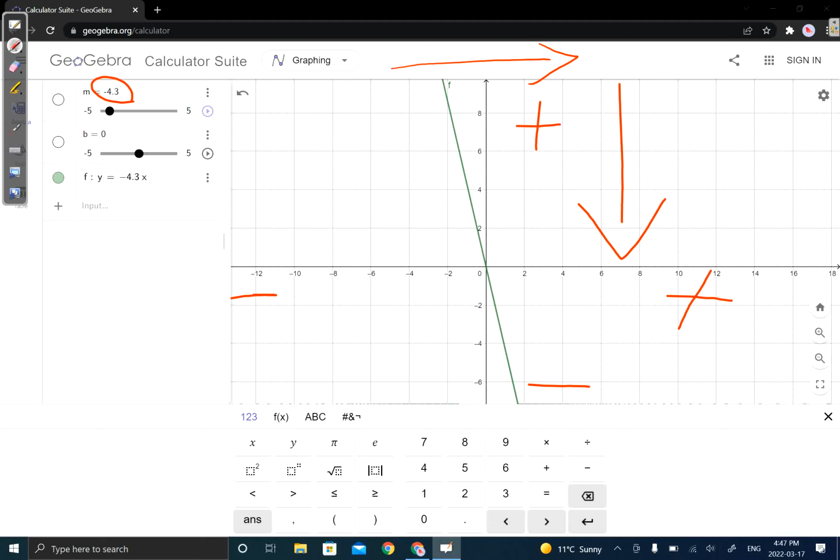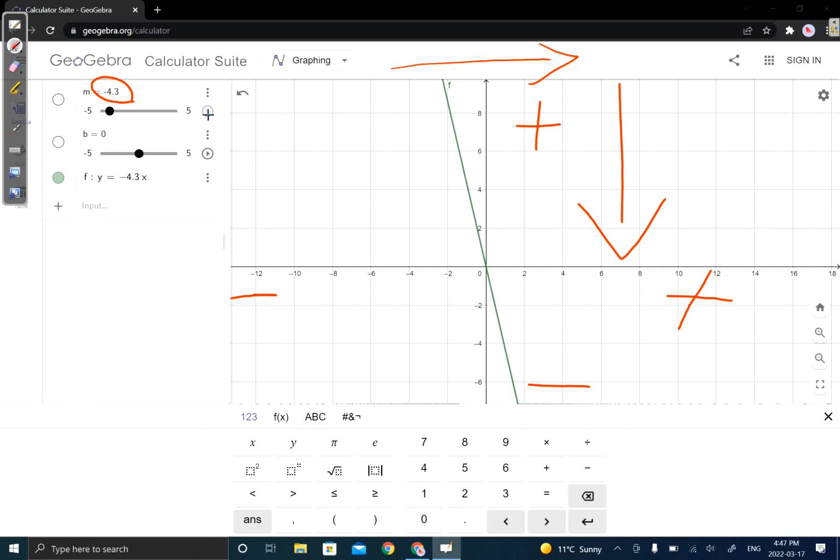So again, for remembering, as we've seen here, when we're looking at our line from left to right, if our line is going to move downward, it means from positive to negative, it's going to be a negative slope.